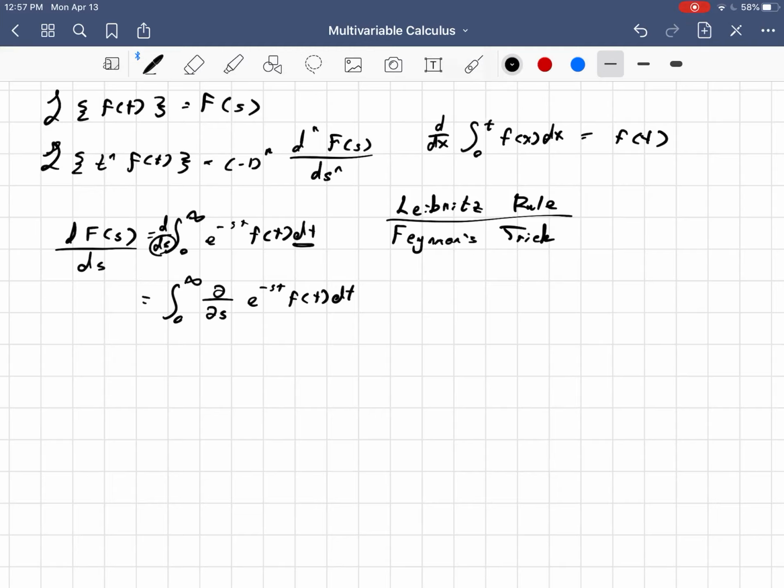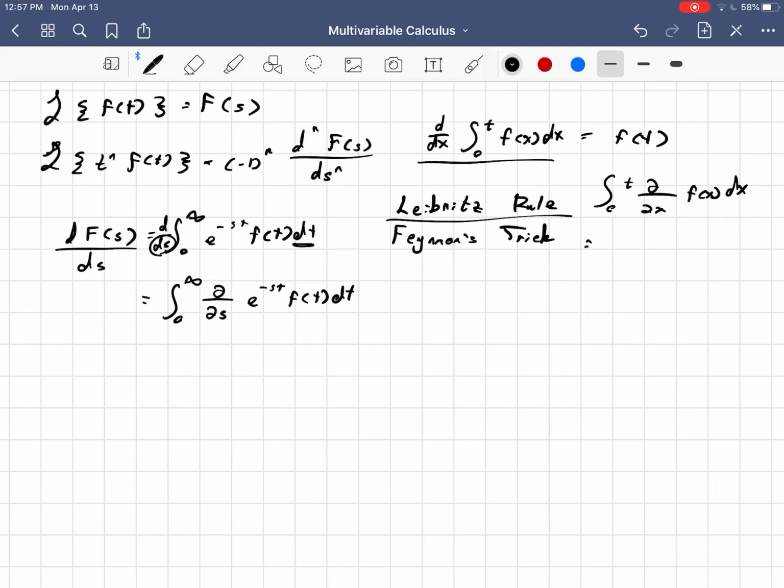And intuitively, that's always kind of made sense to me. In other words, you differentiate with respect to s under the integral sign: everything that has an s, differentiate that, and everything that doesn't, you treat as a constant. That's what the partial derivative is saying. And here, actually, you're using that rule too.